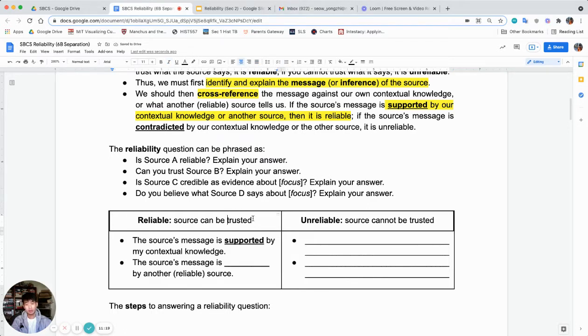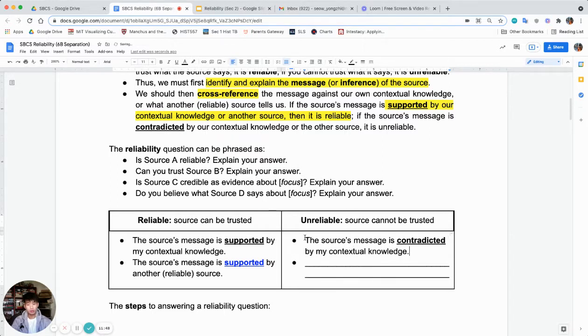So let's look at the reliable and unreliable. Reliable, the source can be trusted. It's supported by my contextual knowledge. Unreliable is the opposite, of course. The source's message is contradicted by my contextual knowledge.